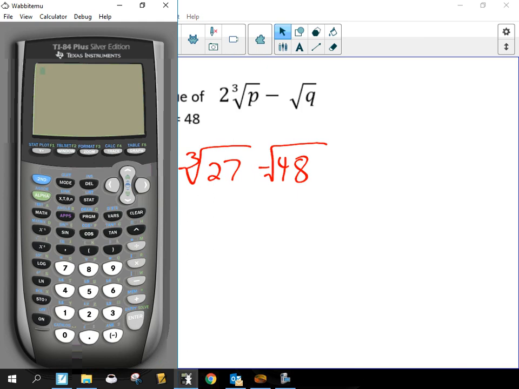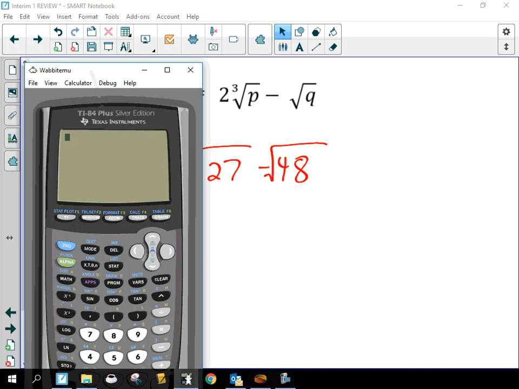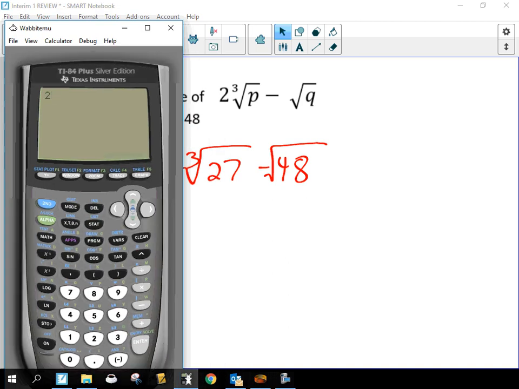So you hit math right there, then you arrow over, you arrow down to the cube root of 27, then you arrow out, minus the square root of 48.